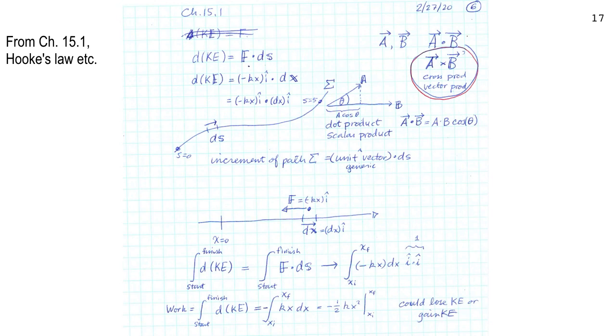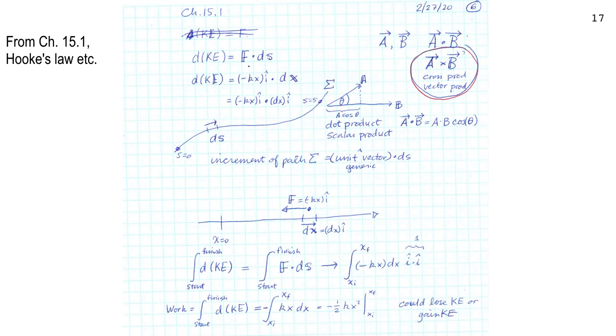And the coordinate along the line is going to be S. So this would be like S equals 0 down here, and this would be like S equals 5 up here, for instance. So the parameter of this curve is S. And this little thing here is a vector, let me put a little arrow here.